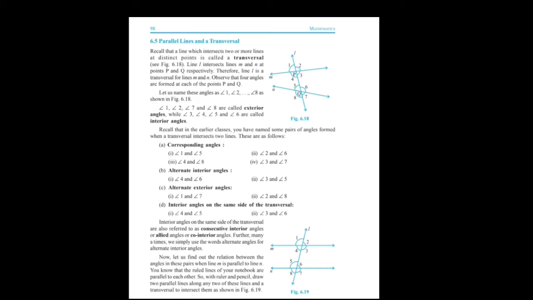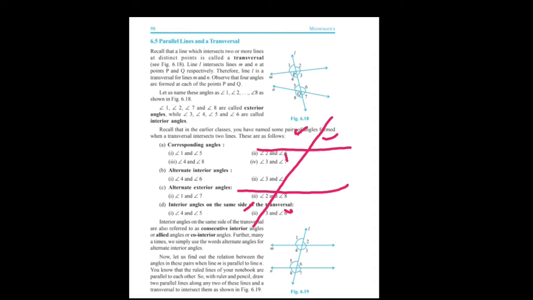So see, if we draw two parallel lines and one transversal line, here one angle, here one angle, and here. So four angles are exterior angles and four angles are interior angles. So a total of 8 angles become formed.